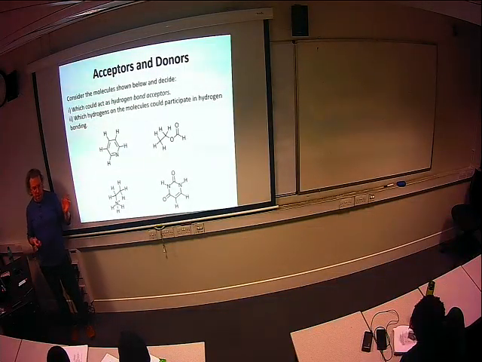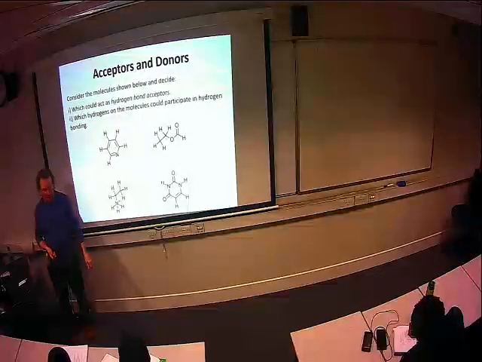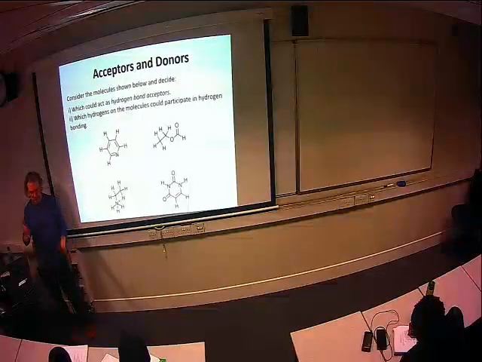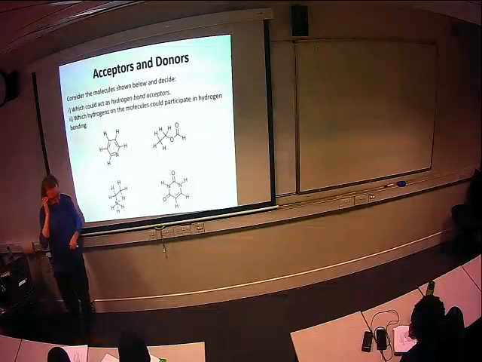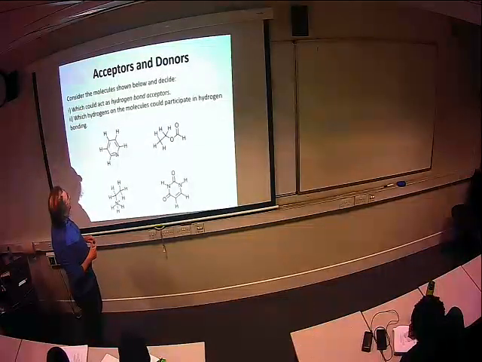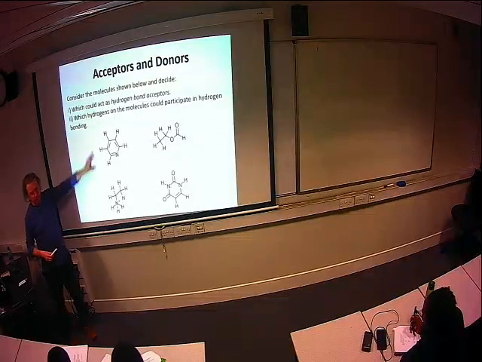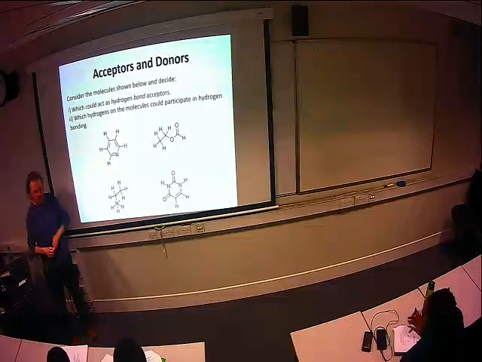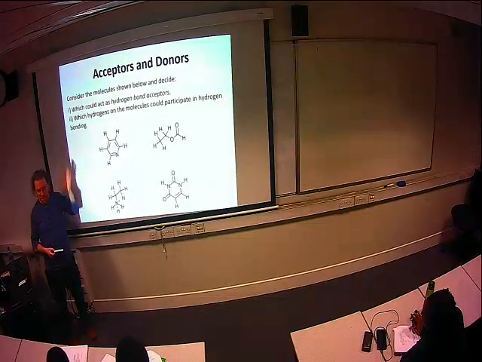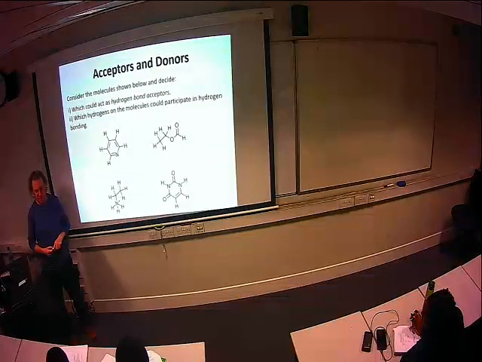I'm not going to ask anyone to explain to me what you're thinking. I'm just going to ask you to raise your hand for each molecule in turn. So think about the top left molecule. Could that be a hydrogen bond acceptor? Just raise your hand if you think it can.